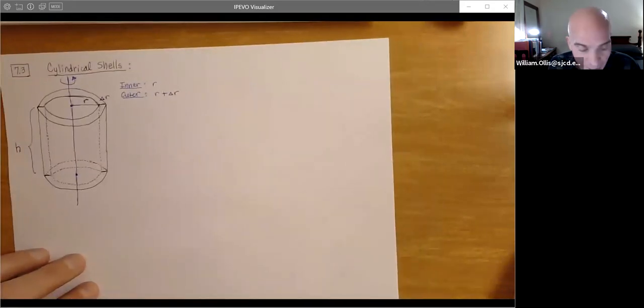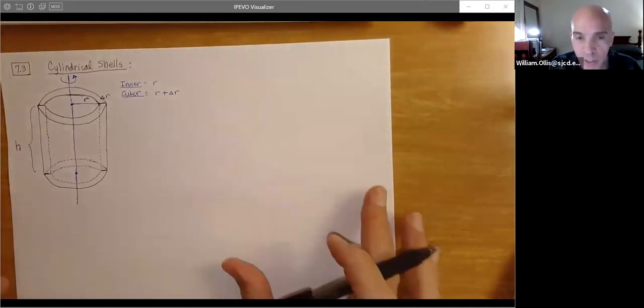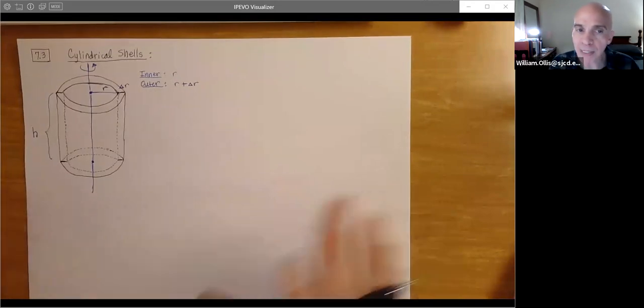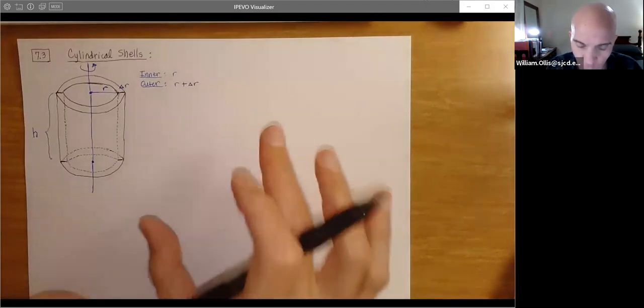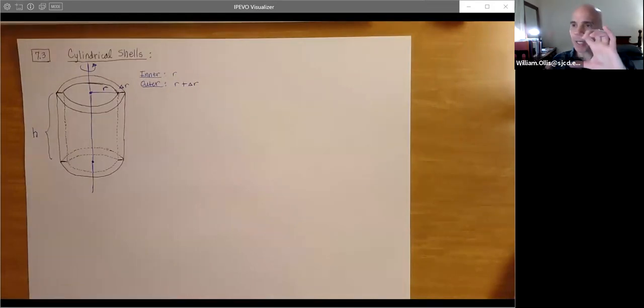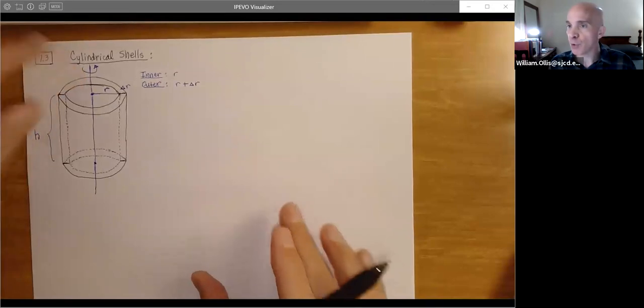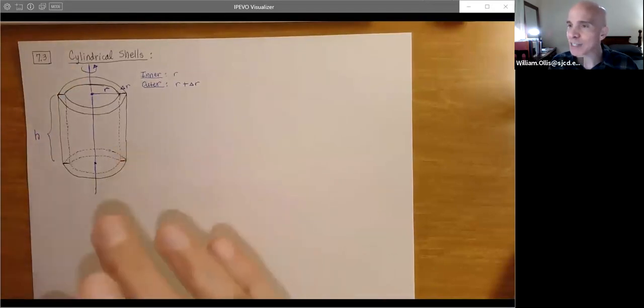So you can look at this and say, well, this might be a little more complicated than the disc, but it's still the same type of geometry going on. For instance, if we took the strip and rotated it about an axis, say the vertical axis, then we get this shell.